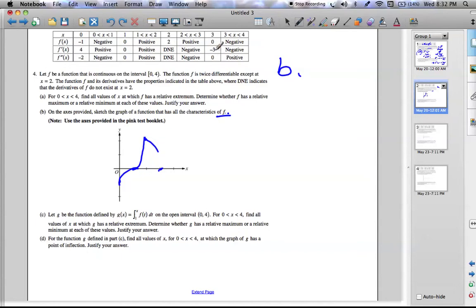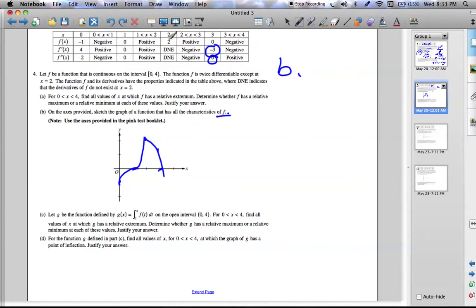And before I go further, at x equals 3, the first derivative is -3, so it's a constant. And the second derivative is 0, because the derivative of a constant is 0. So we have to draw a constant at that part.